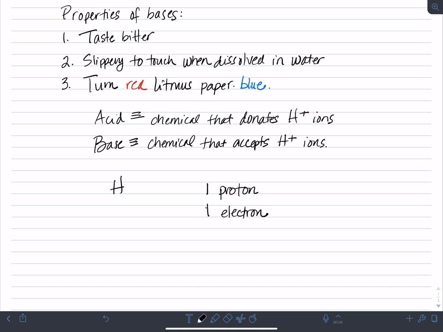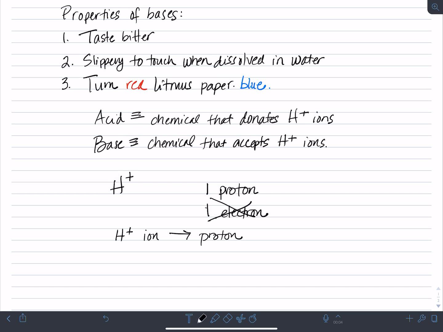When hydrogen turns into an ion, that means it gets rid of one of its subatomic particles, either its proton or its electron. Hydrogen always gets rid of electrons, meaning that it has an H plus. It has one proton left. But hydrogen only has one proton and one electron. So if you have an H plus ion, that means you have a proton. That is what you have.